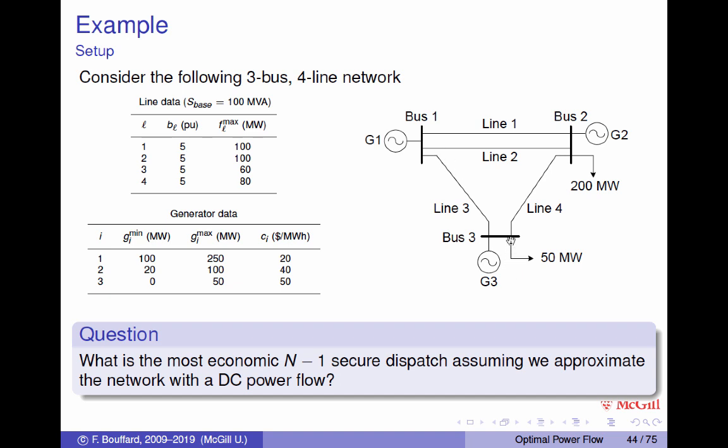Similarly here, if we inject 1 megawatt over here, it's going to split between this path, so line 4, line 2 to bus 1, or the rest will go up in this direction.